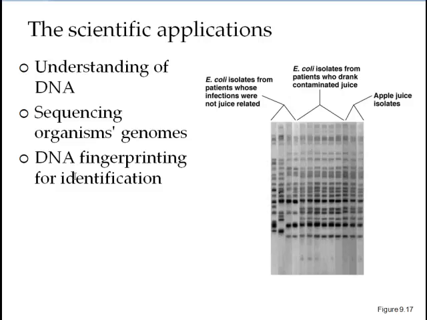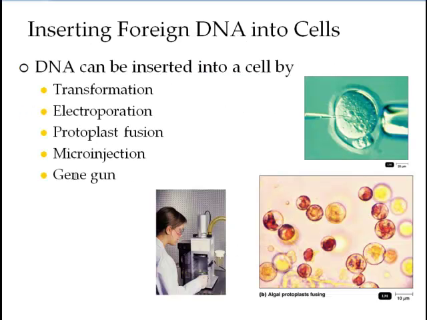Here are the scientific applications that I told you earlier. We talked about E. coli, and DNA can be inserted into a cell by transformation, as I mentioned, using a vector. Electroporation is when you use electrodes to incorporate the gene. Here are gene therapy, microinjections, protoplast fusion, and gene guns.